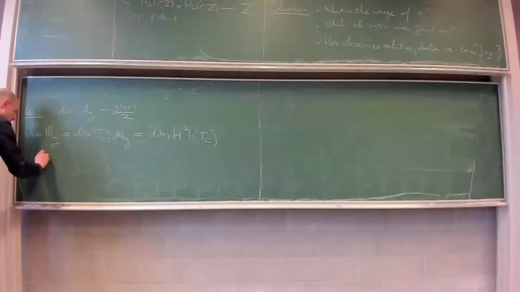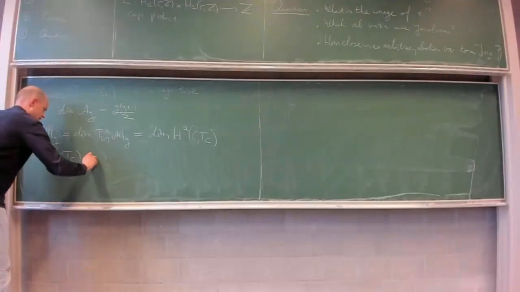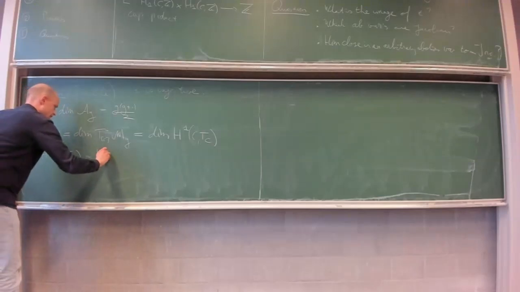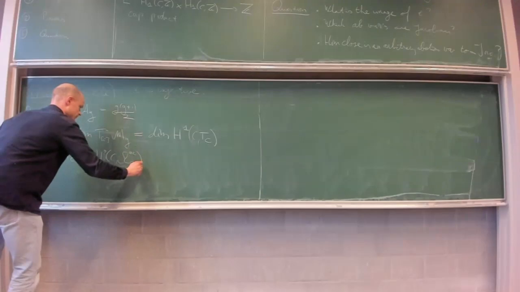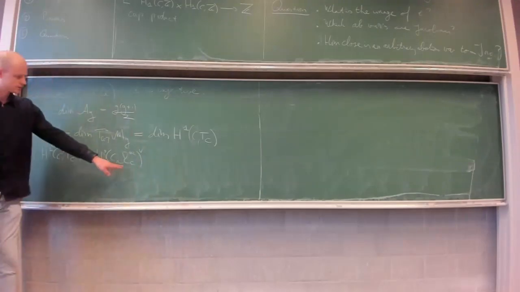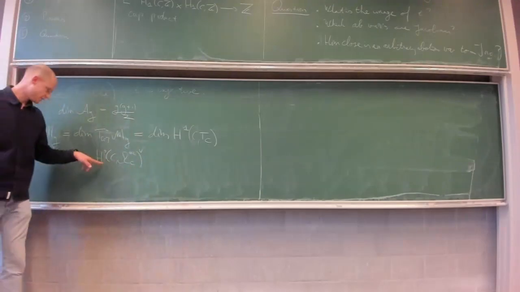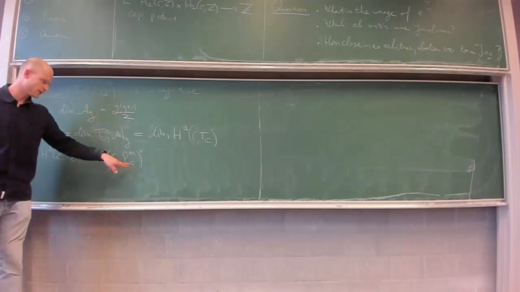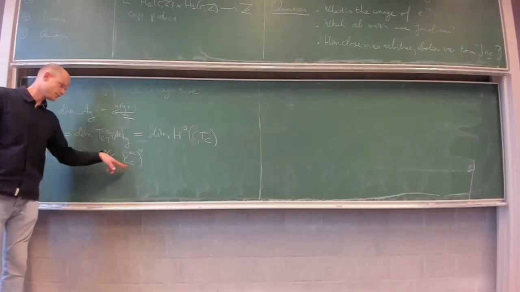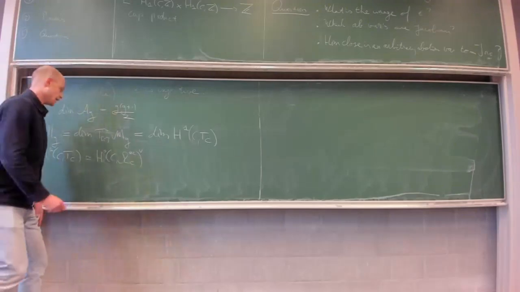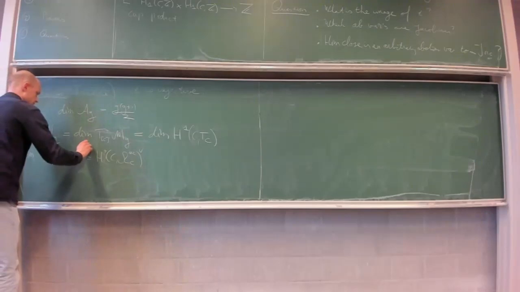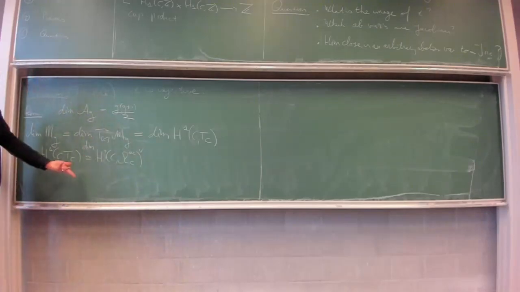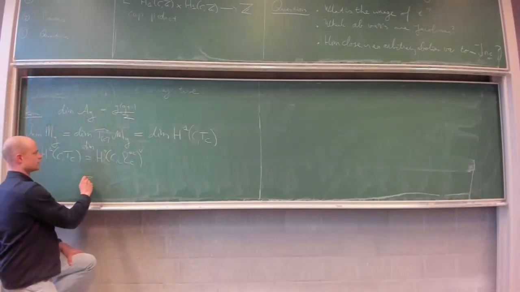Now this should be straightforward. This is the dual of the global sections of 2 times the canonical bundle. So that's the dimension here. And now we can apply Riemann-Roch.